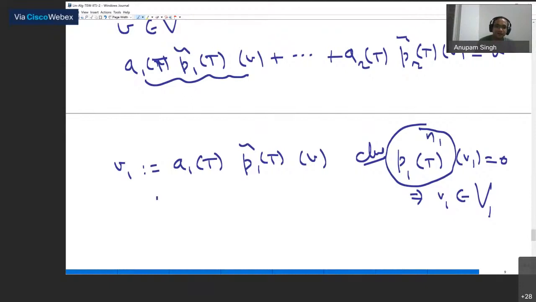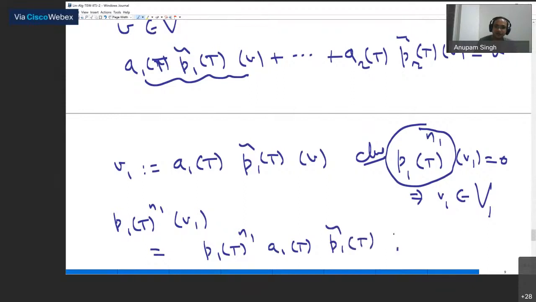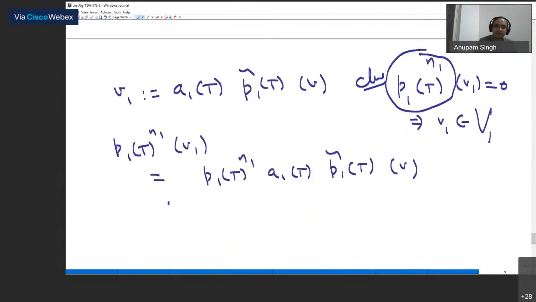And why is that? It's very simple, because if I apply p1 t to the power n1 on v1 and I substitute this in here, so I have p1 t to power n1 a1 t p1 tilde t of v, then I can write this as, so these are polynomials, they commute, so I can take a1 t on this side.